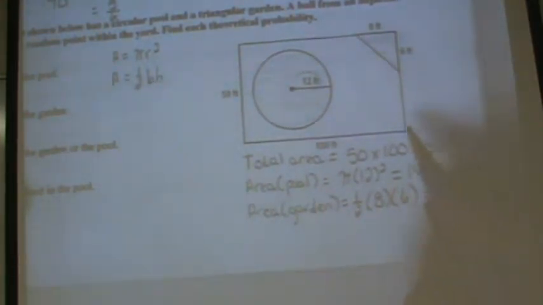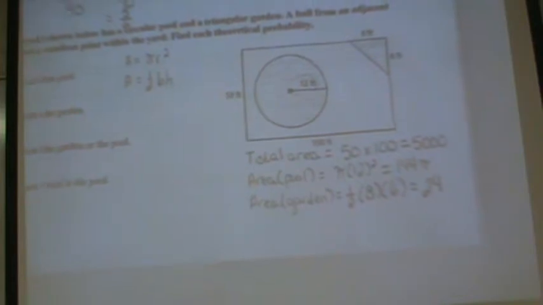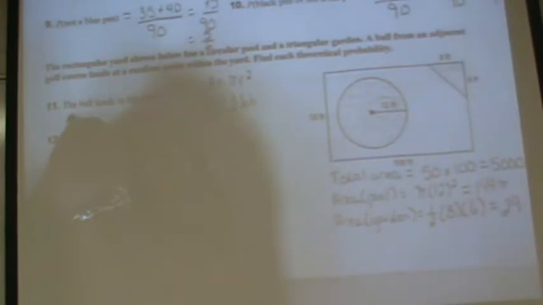So now we're going to use these numbers to find our probabilities in this problem. So in 11, it says that the ball lands in the pool. So probability of it being in the pool.